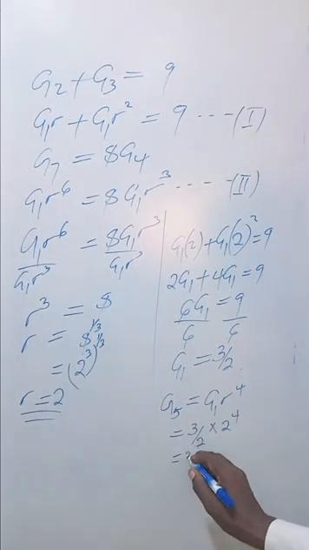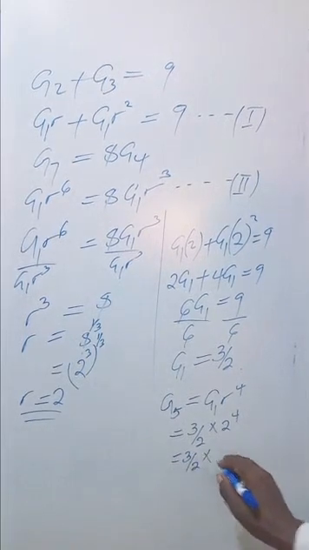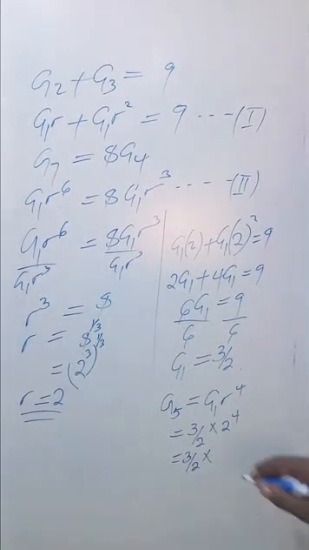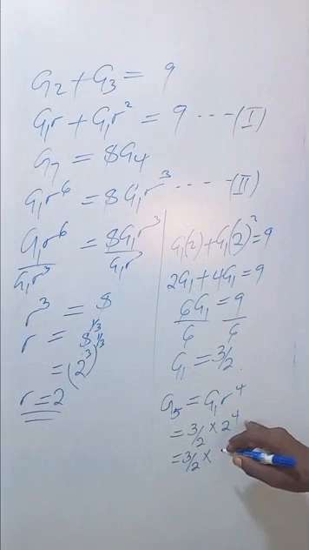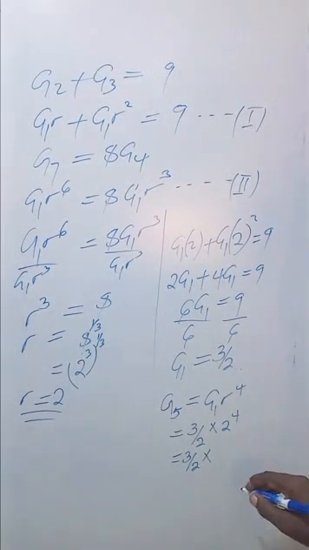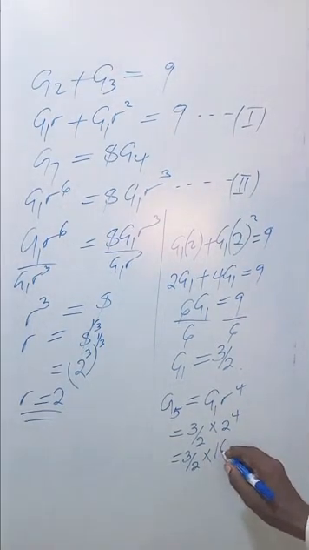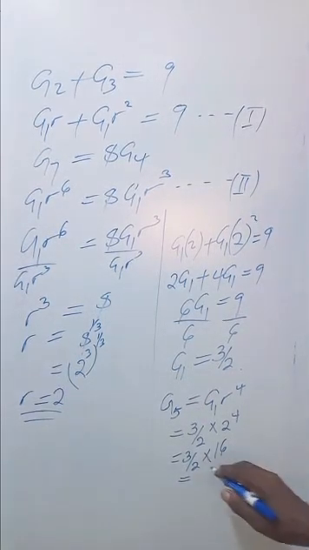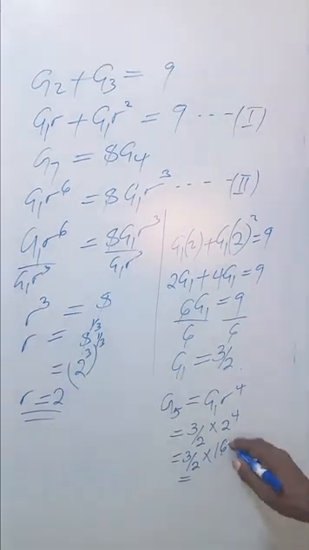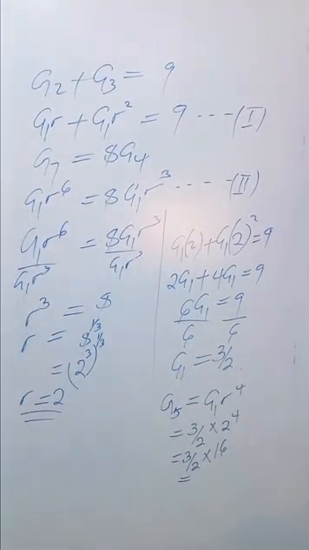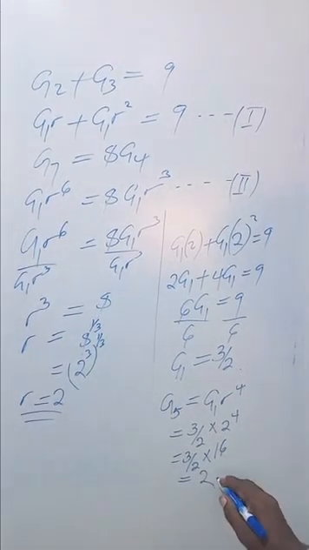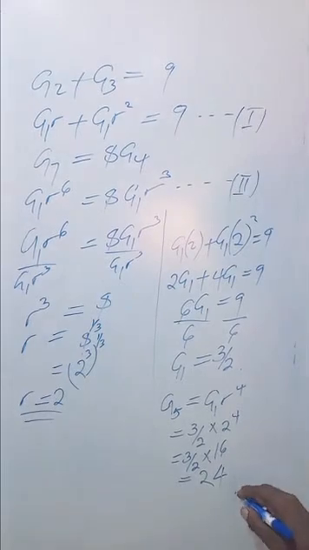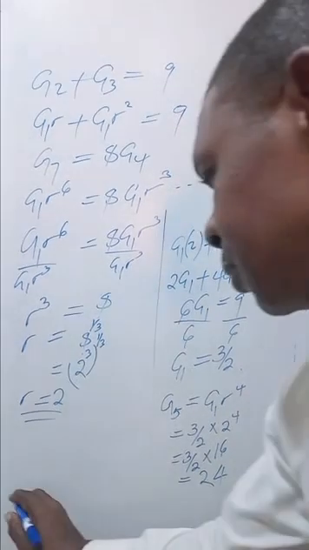This gives us 3 over 2 multiplied by 2 raised to power 4, which is 16. So here we have 16 divided by 2 is 8, 8 times 3 gives us 24.